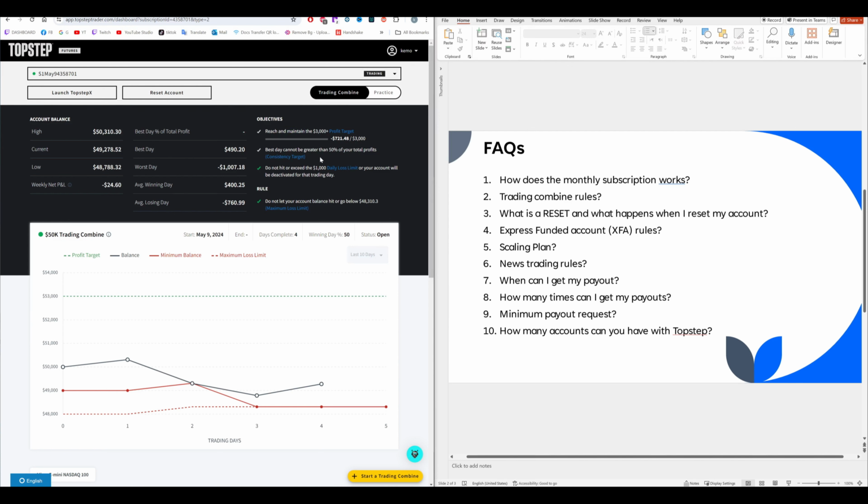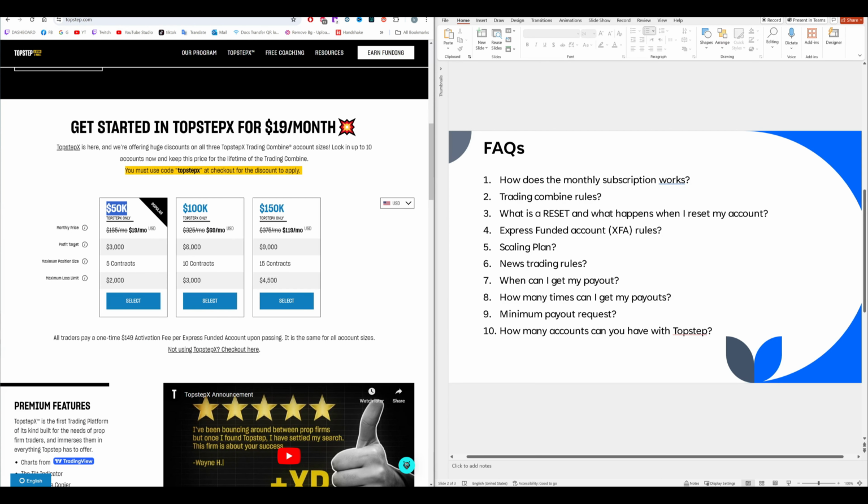Basically, the consistency target is only applied on the challenge or combine account, and it's telling you that you cannot make more than 50% of the total profit target for the account size. So for example, for the 50k account, the profit target is $3,000. You can pass this account in 2 days because you can make $1,500 each day, but you cannot make all the profit in 1 day. The same thing applies across all the other accounts.